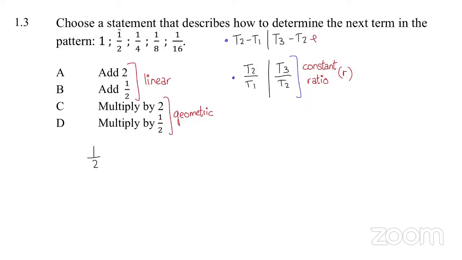So we can see that the numerator is remaining the same. Each numerator is multiplied by 1, so we get 1 and 1 and 1 and 1. However, the denominator is multiplied by 2 each time. So then it's multiplied by 1 over 2. Okay, that's by inspection.